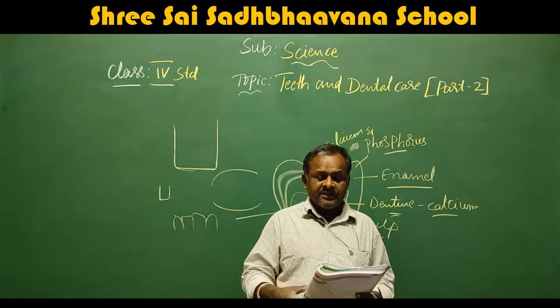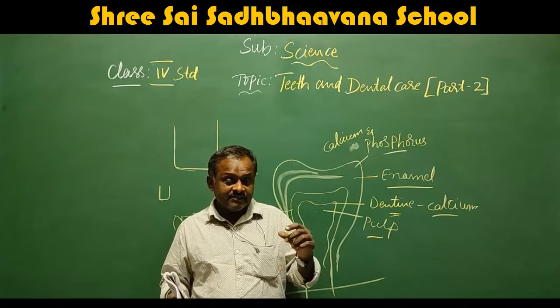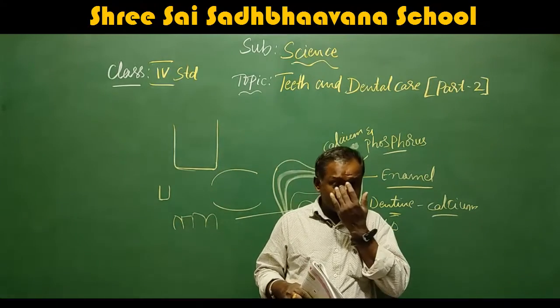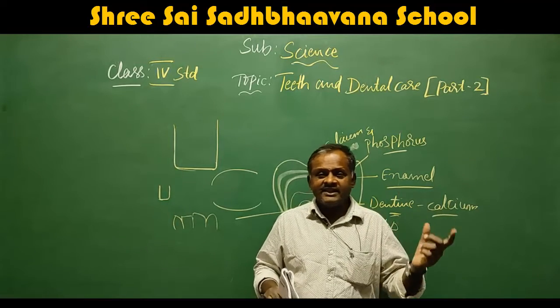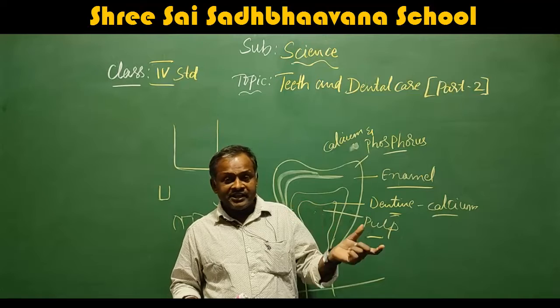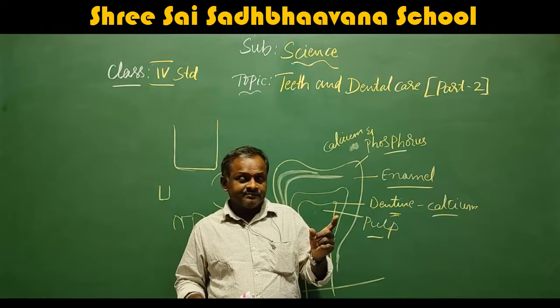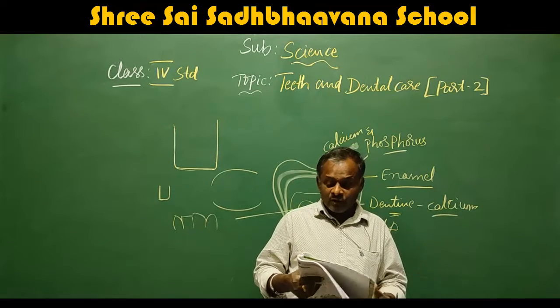If we do not remove the remaining food particles, what will happen? The germs or the bacteria will grow to eat that food, because that food starts decaying. The germs or the bacteria will grow.